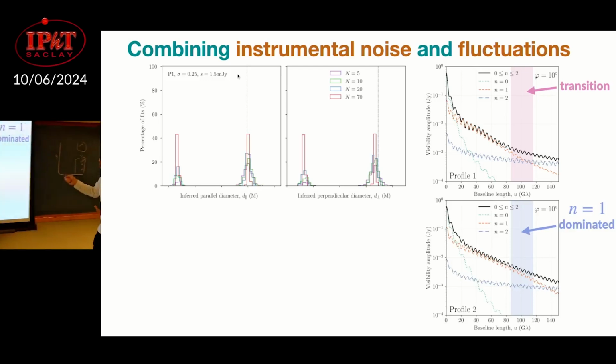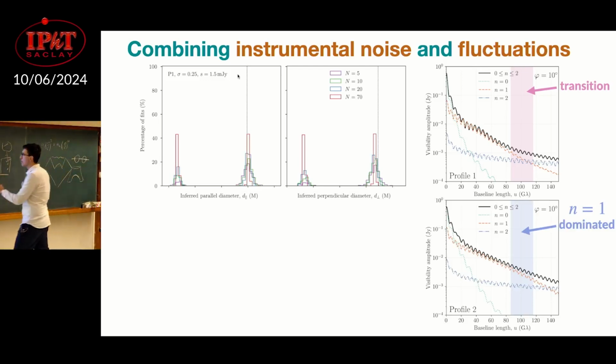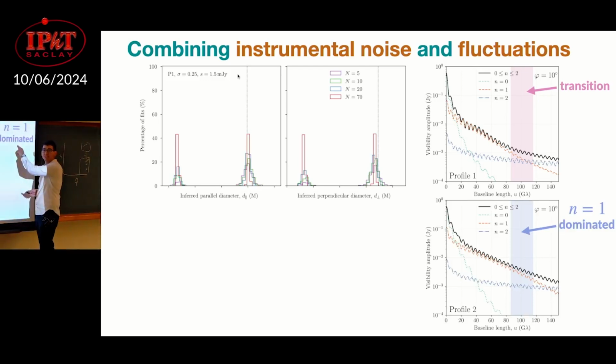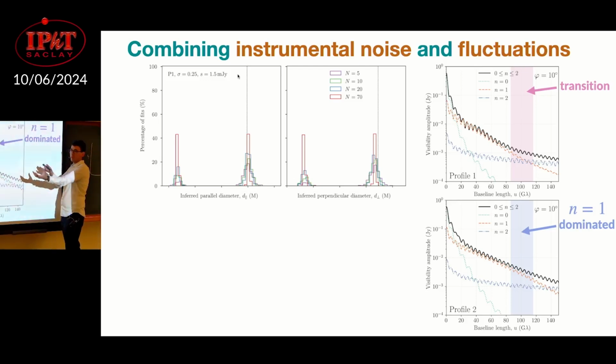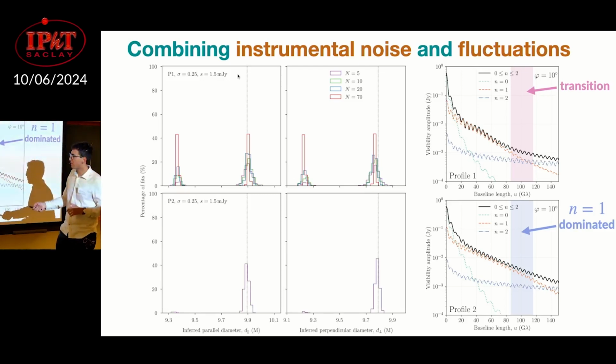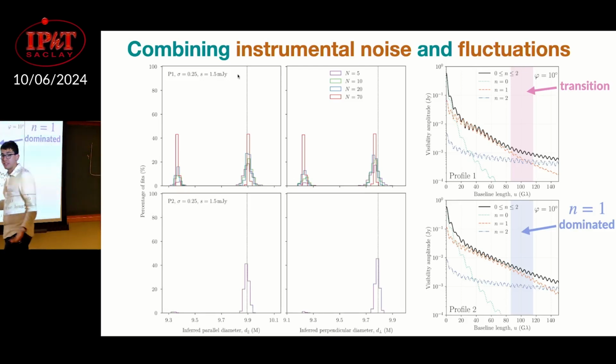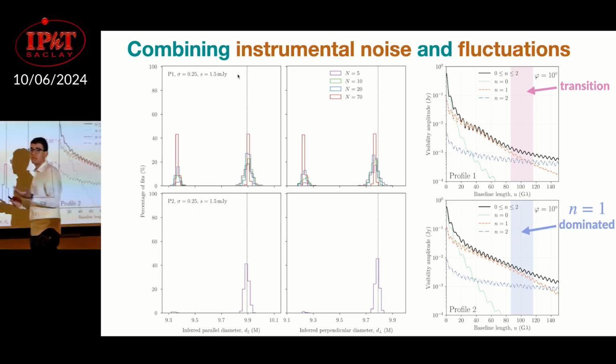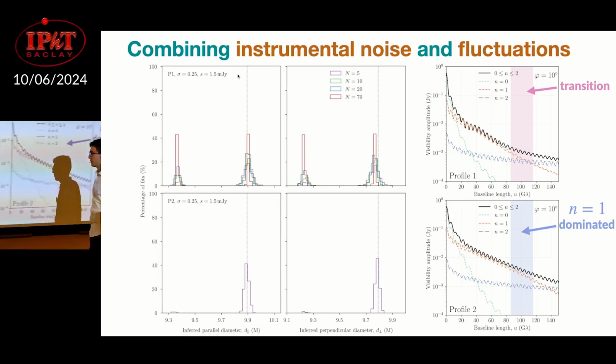But if you go to a place where n equal 1 dominates, and remember, this is not controlled by us, this is just the black hole with certain astrophysics around it, and the question is whether we are lucky and observing in a place that is not a transition, otherwise we have to do very sophisticated stuff. But in principle, we can always do it. If you are in a place where just n equal 1 dominates, you will measure a diameter very nicely, and from this diameter in principle infer spin and the properties of the black hole.